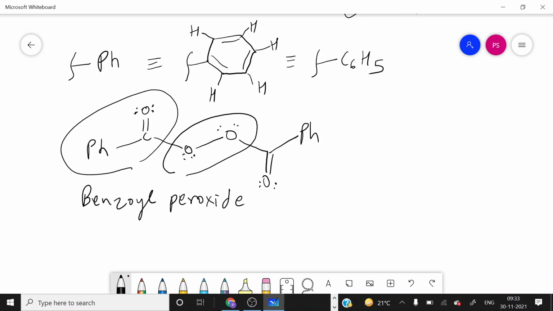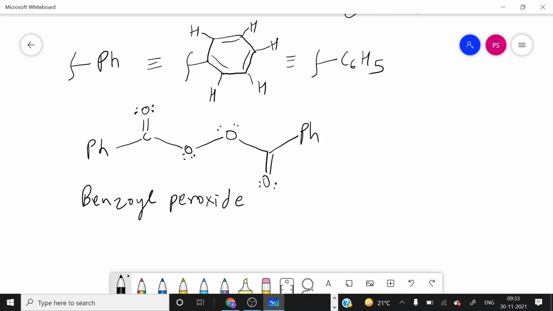So this chemical is benzoyl peroxide. Now I am going to break this benzoyl peroxide. This peroxy linkage is a weak linkage, so it is easy to break this linkage by applying heat energy or light energy.